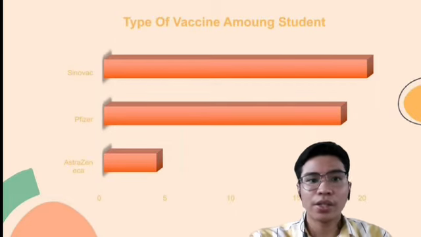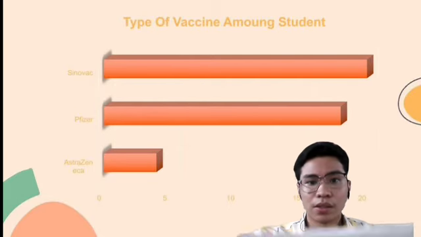Looking at Sinovac, 20 students took Sinovac, 18 students have taken the Pfizer vaccine, and 4 students have taken the AstraZeneca vaccine. So, the conclusion is most of the students have taken Sinovac rather than other types of vaccine.